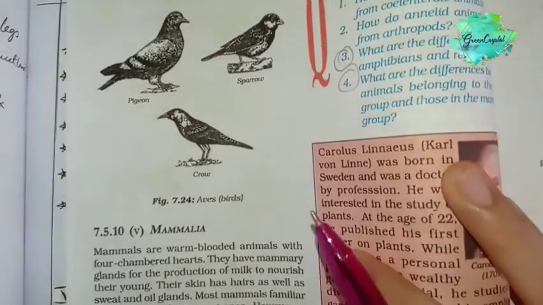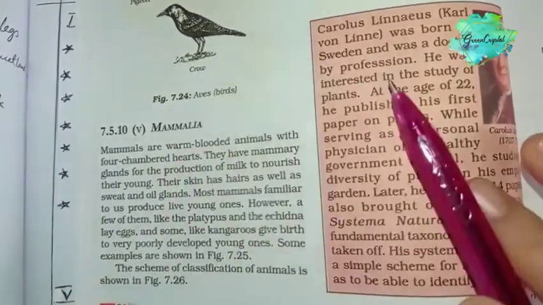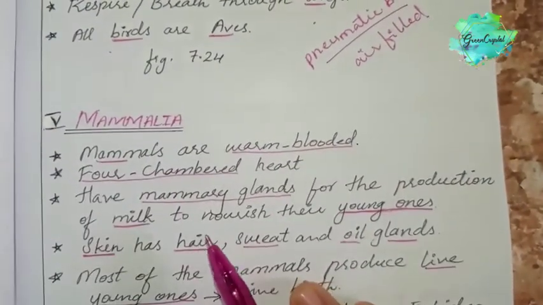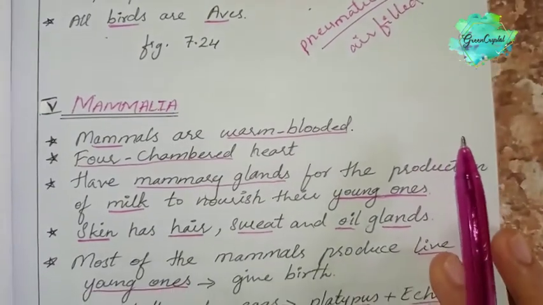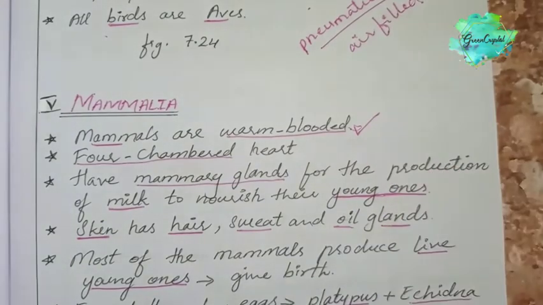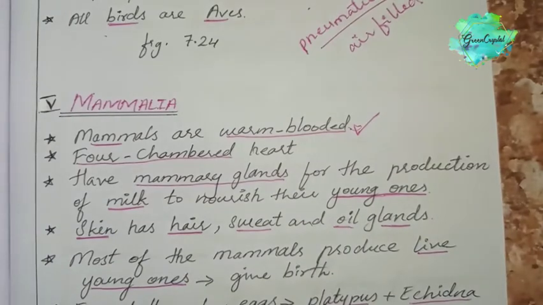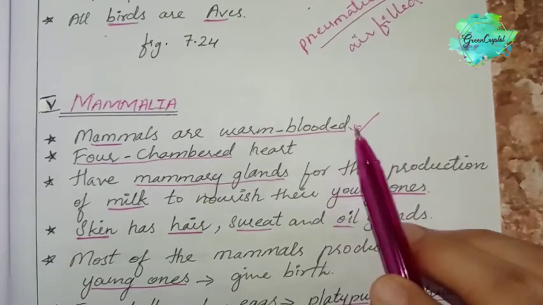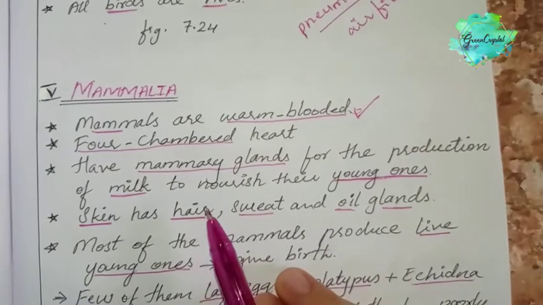So let's move on to the last and highest class of the phylum Vertebrata, that is Mammalia. Okay, so in Mammalia, what are the special features? They are warm blooded like birds, meaning we can control our body temperature. In Mammalia we humans are also included. Okay, so just relate these features to yourself also.